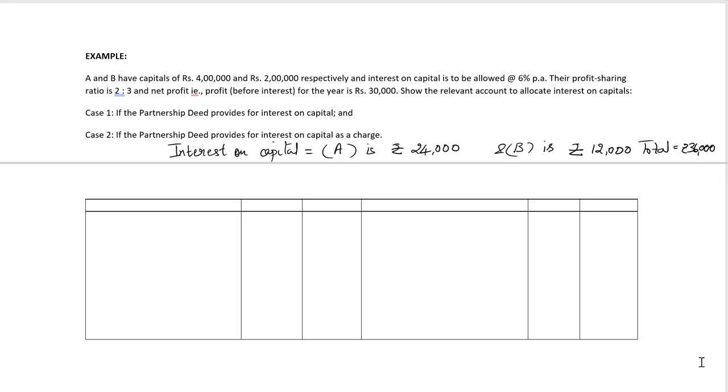If the partnership deed provides for interest on capital as a charge. Case 2. The interest on capital is to be considered as a charge, so we need to debit the amount to the profit and loss account. So the relevant account to be prepared is the profit and loss account.